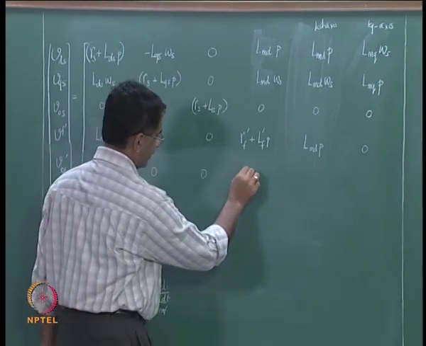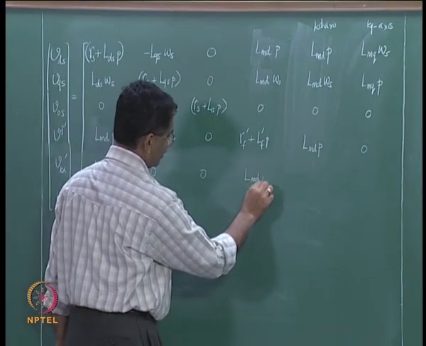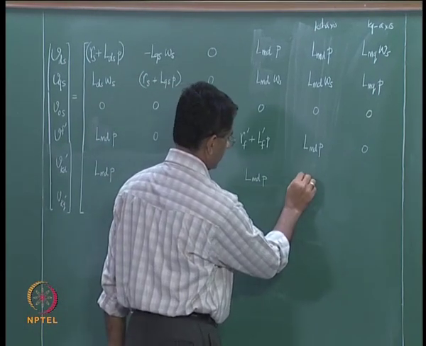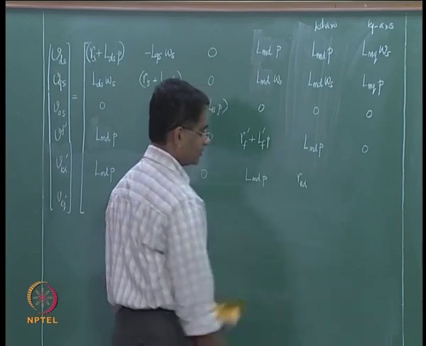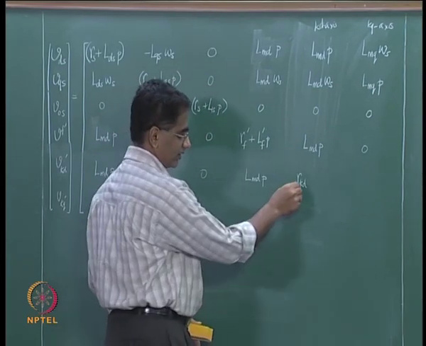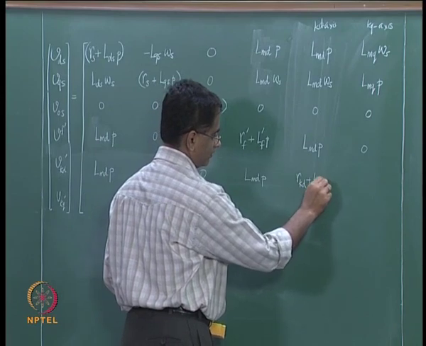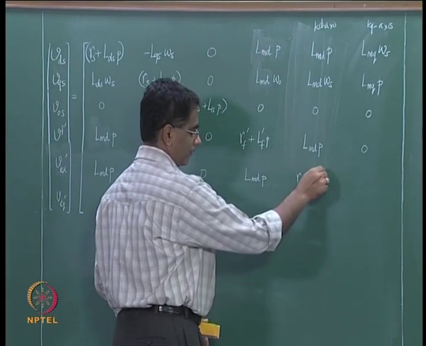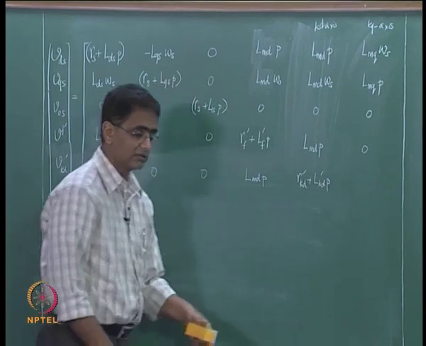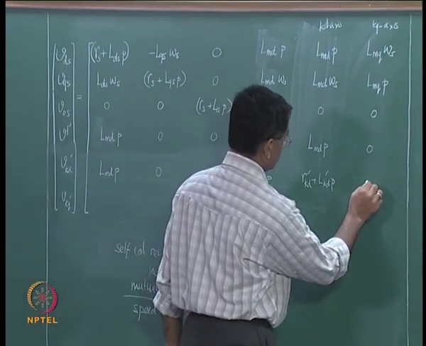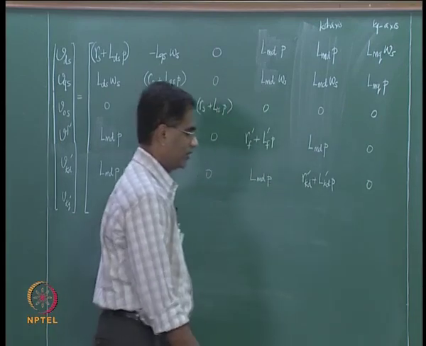With respect to the field it has an LMD into P, and then with respect to this one you have RKD, this is the self term, so there is a resistance of the damper and then a self inductance of the damper referred to the stator turns, and then with the Q axis of the damper there is not any term there.